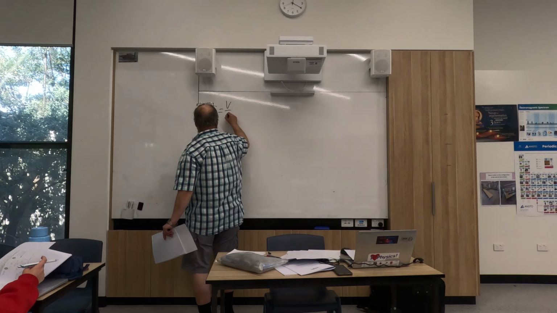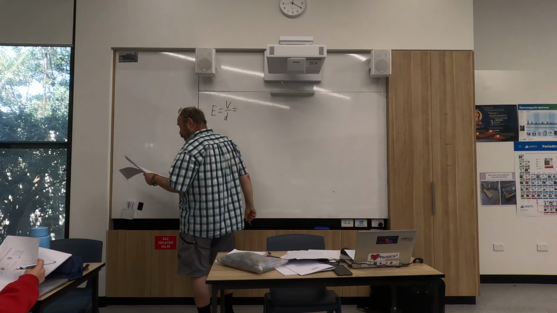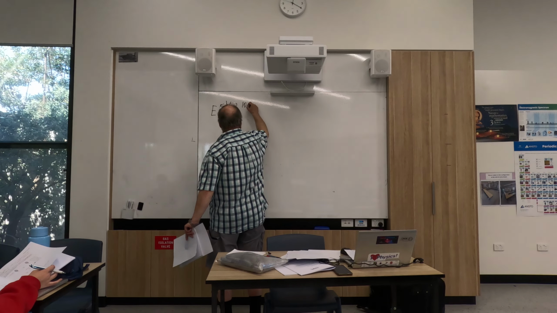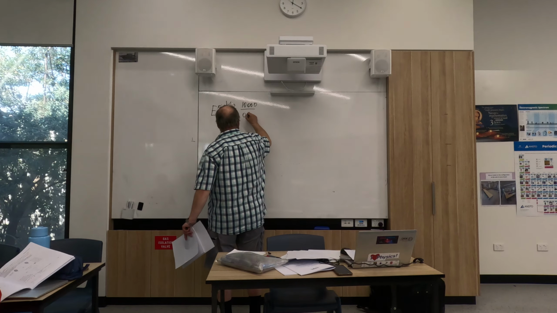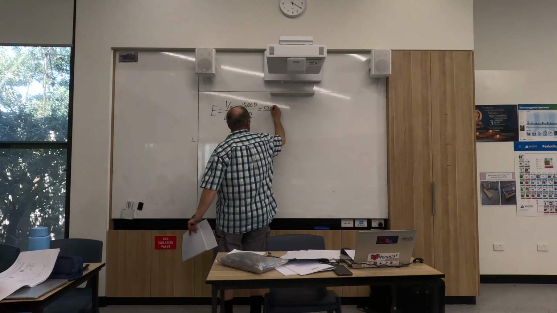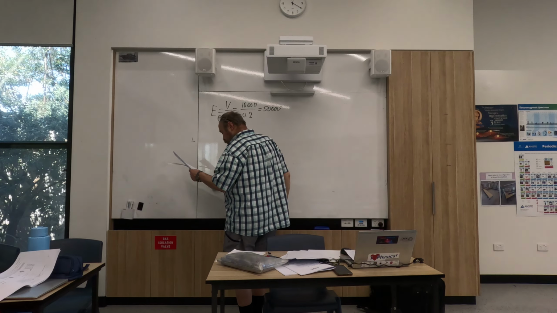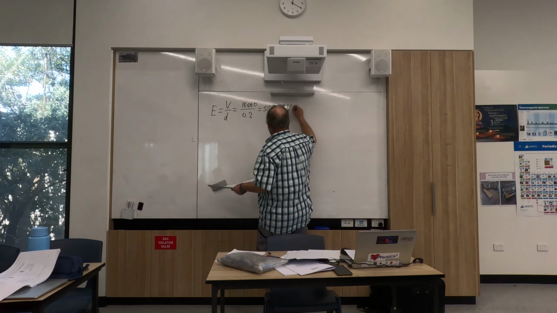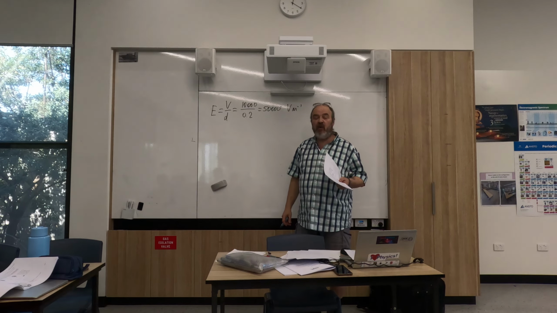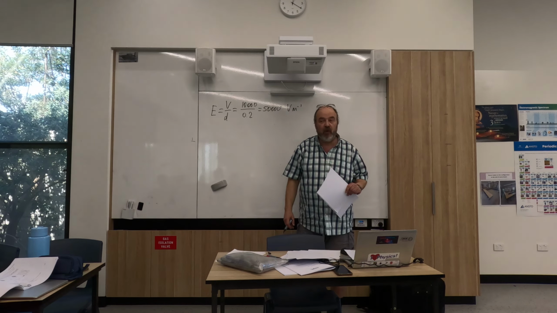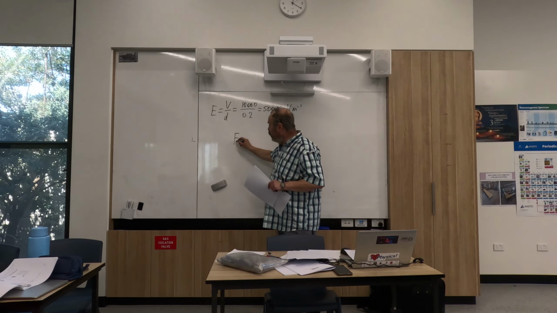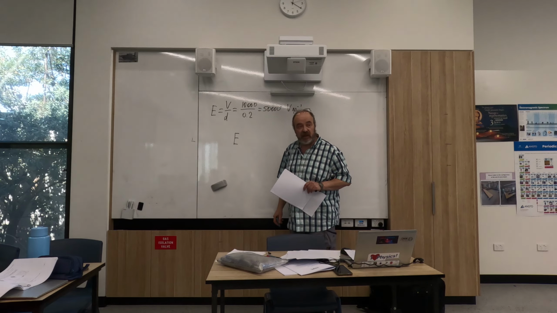Electric field equals voltage divided by the distance between the plates, 10,000 divided by 0.2, equals 50,000 volts per meter. But part B, how do we calculate the energy of the charge in the electric field?